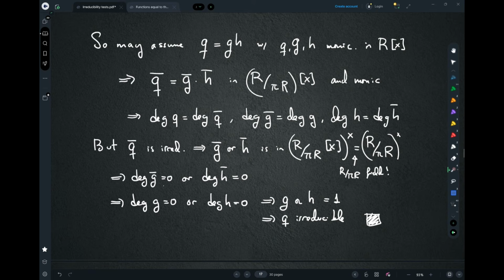But that means that the degree of g bar is 0 or the degree of h bar is 0. And again, the degrees of g and h are the same as the degrees of g bar and h bar, so either the degree of g is 0 or the degree of h is 0. And since they are monic, that says that g or h is 1, and therefore q is an irreducible polynomial.